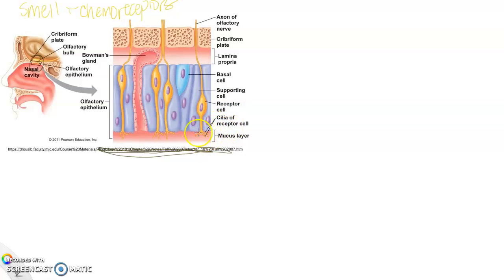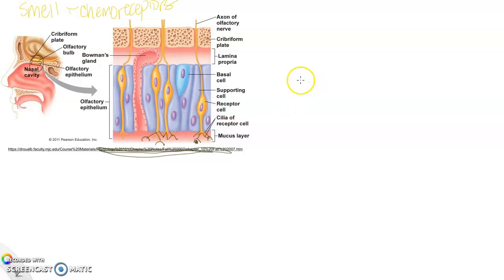And these little cilia that come off of the receptor that you can see here have little receptors for smells. And this whole area is filled with mucus. Okay, so the sense of smell is in solution. Those little particles that are in solution will bind to these little receptors.